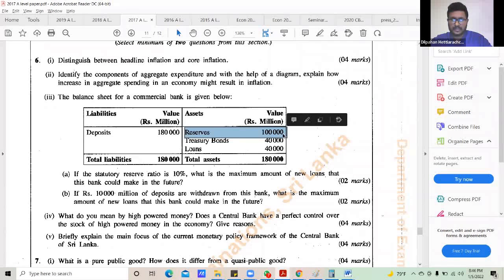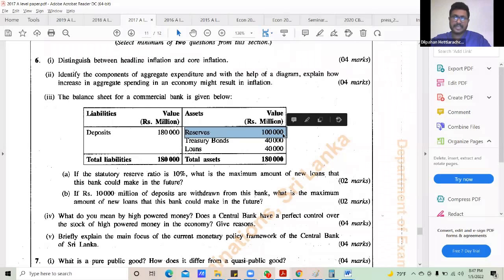So first of all, we'll try to understand what this statutory reserve ratio is. SRR means a specific percentage decided by the central bank for commercial banks. What is this percentage? This is the percentage that commercial banks need to hold as reserves from their deposits, right?